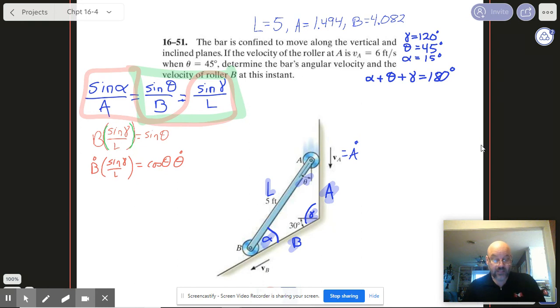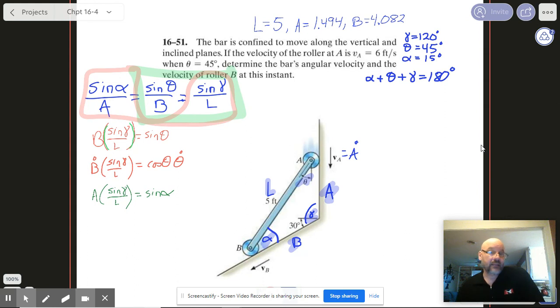So if I write this in the same format, then we're going to have A over sine gamma over L, and that's going to be equal to the sine of alpha, like that.